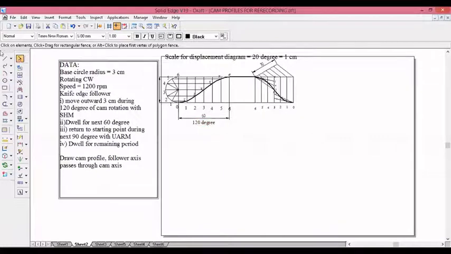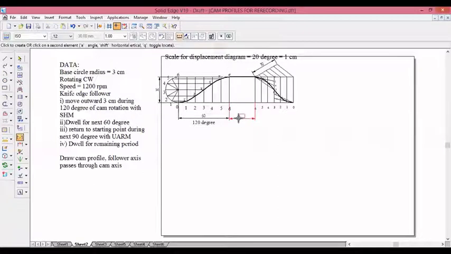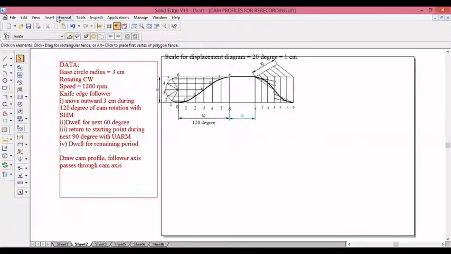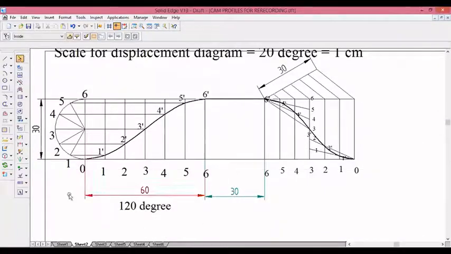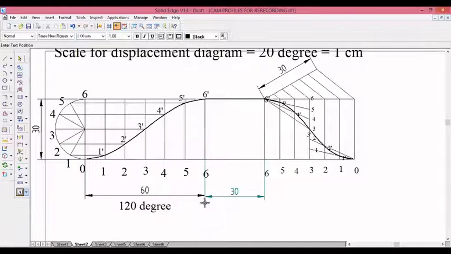So we already taken the dimensions here. This is 30. 30 means 60 degree and 90 means 45 mm. So we type here 60 degree.